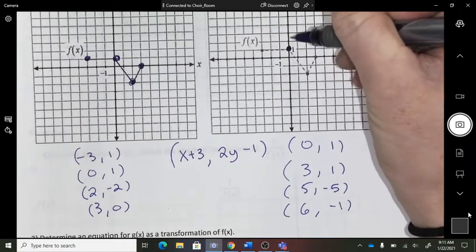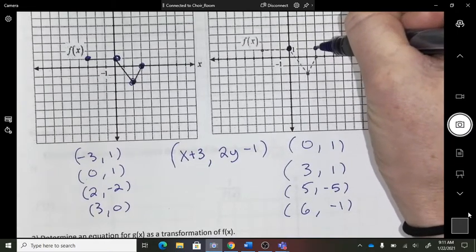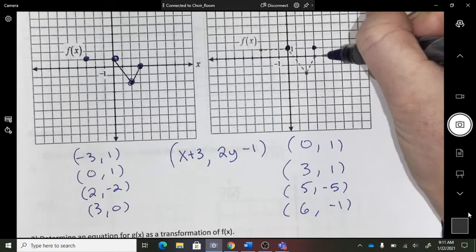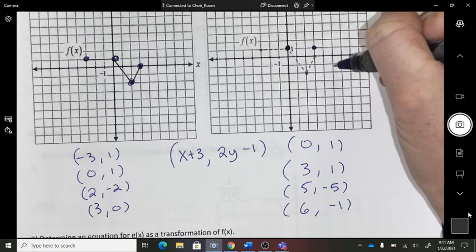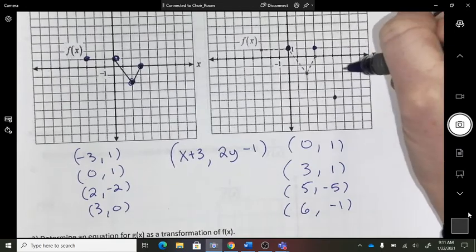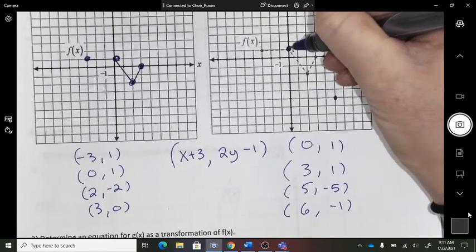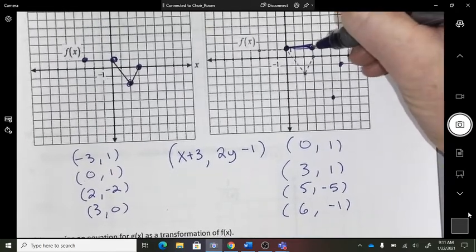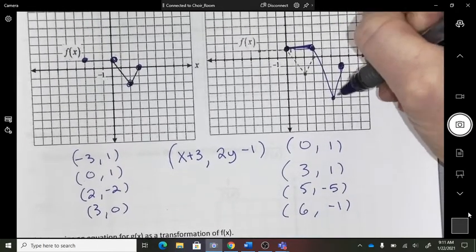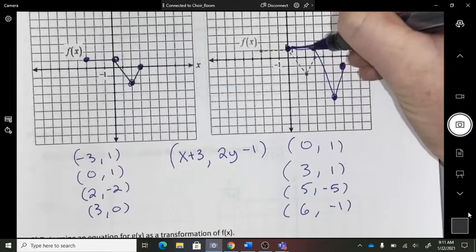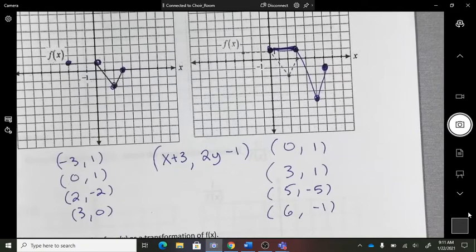Okay, so I'm going to plot some of these points. So think visually, did you take your shape and pull it apart like strings?